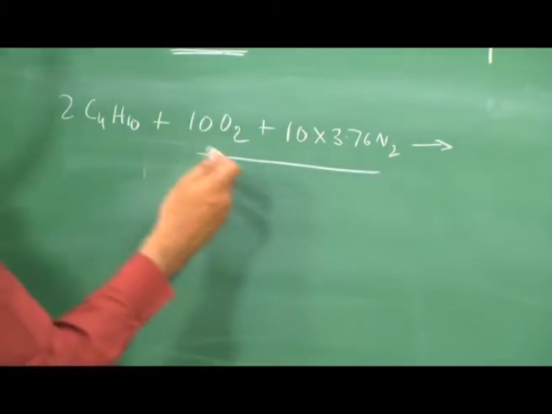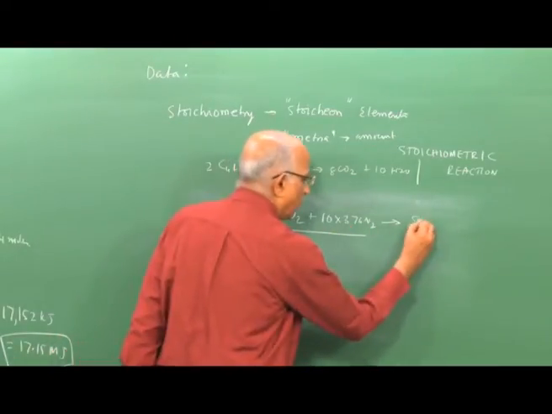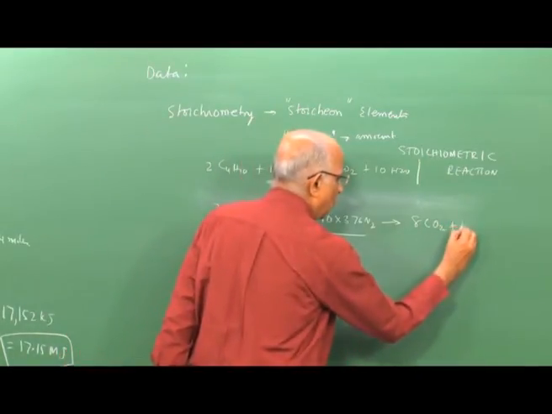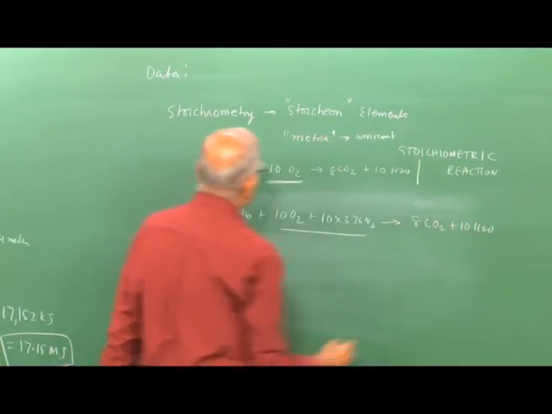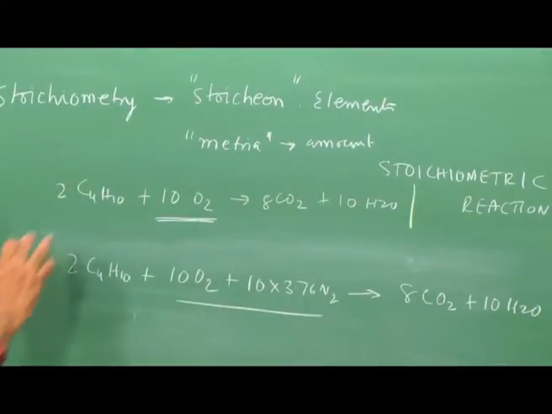And this is going to give me, since it is a stoichiometric reaction, completely oxidized products, 8CO2 plus 10H2O. Is it 10 O2 here? Let's balance and see.